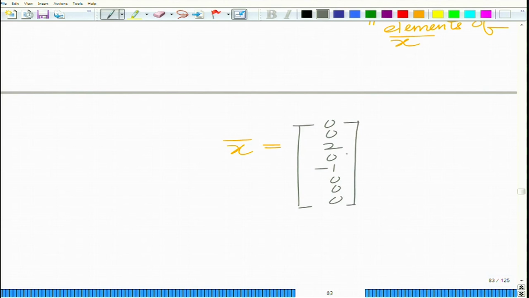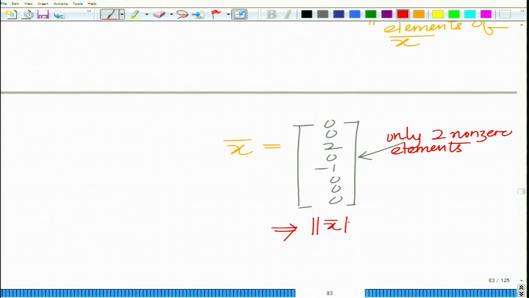Look at this: there are 8 elements, but only 2 non-zero elements. Which implies the L0 norm of x bar is simply 2. So, very simple, all you have to do is count the number of non-zero elements of x bar.